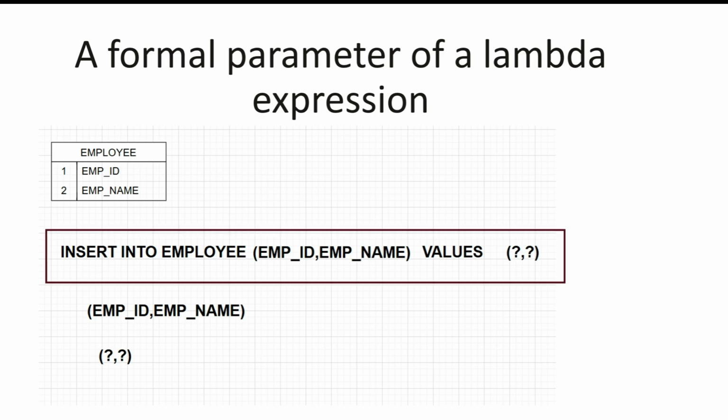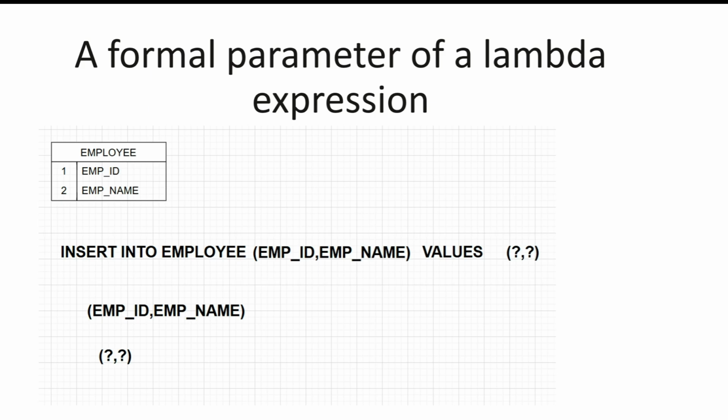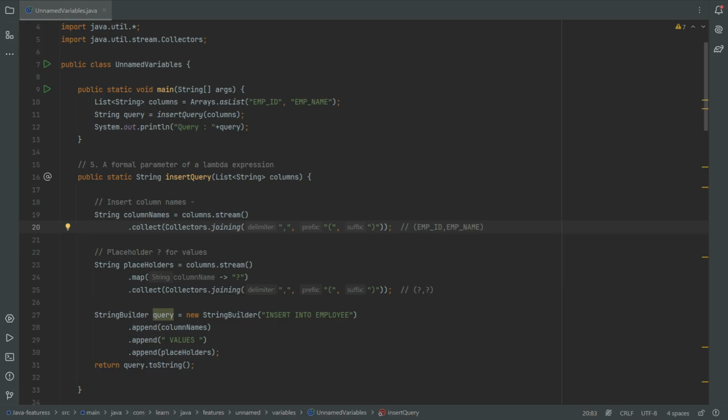The dynamically generated query would look like this: insert into employee, then column names, then values, and then question marks. In this query, I would use the stream API to dynamically generate the column names enclosed within parentheses, and also to generate the placeholders, which are question marks, also enclosed in parentheses.